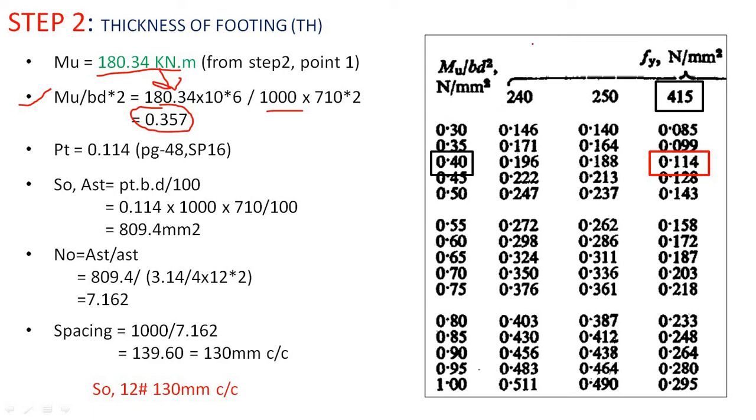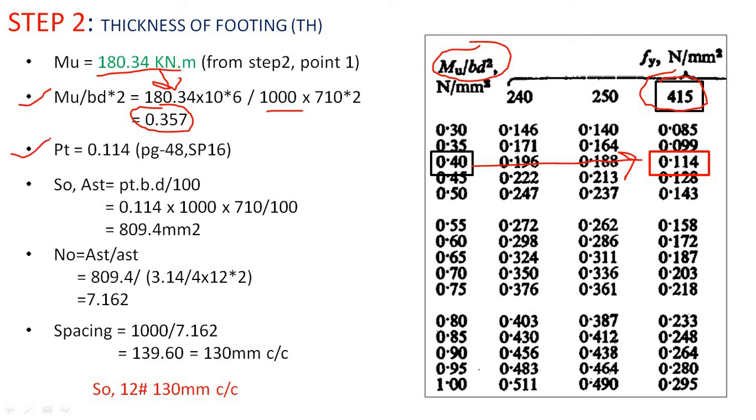So we have to move on to SP16 page number 48. From that we will see the ratio of Mu upon bd square. In our case we'll see the higher value. The higher value will be 0.4 and the grade of steel is Fe415. So we have the percentage of steel as 0.114.